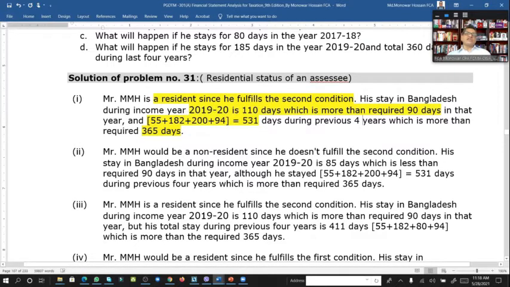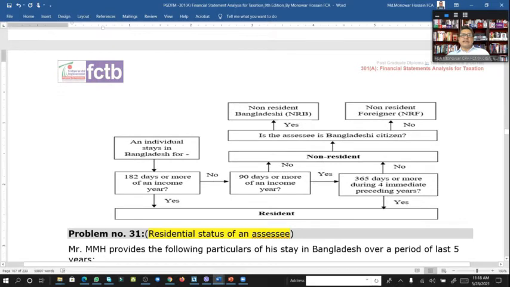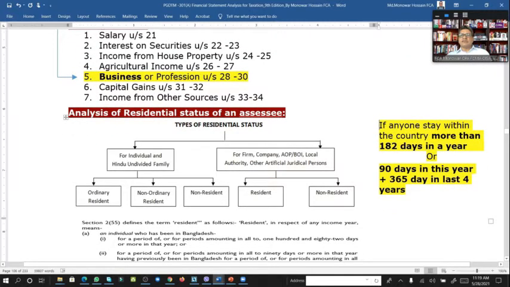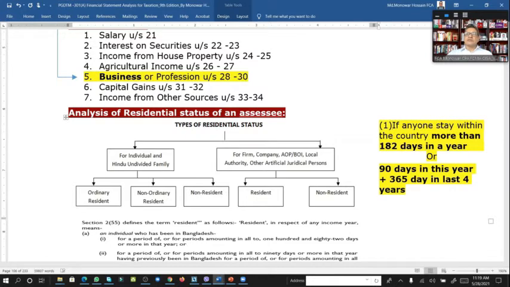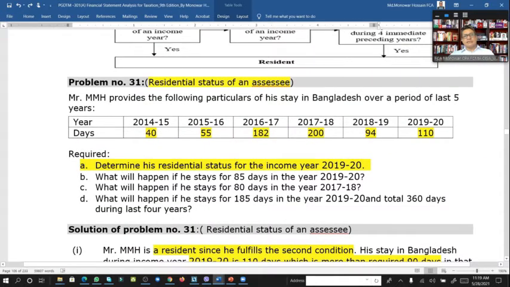So in this condition we can say that the person is a resident because he fulfilled the second condition. Here are the two conditions: this is condition 1 and this is condition 2. For residential or non-resident status it is an easy way, and the other things are very easy, the calculation is here.